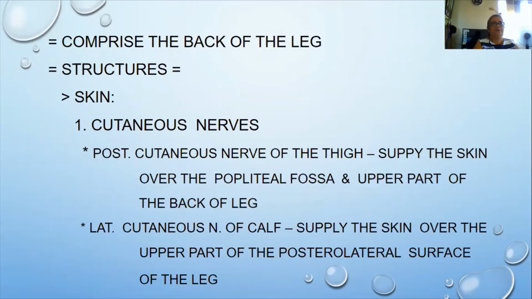So what comprises the back of the leg? The structures: you have the skin, and you will have cutaneous nerves, lots of cutaneous nerves. There are four. You have the posterior cutaneous nerve of the thigh, which supplies the skin over the popliteal fossa and upper part of the back of the leg.